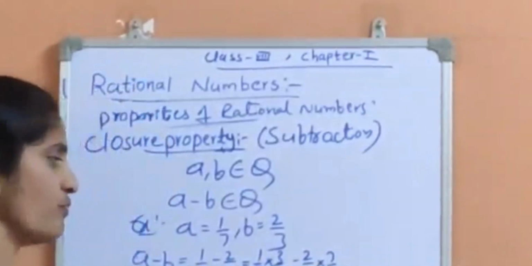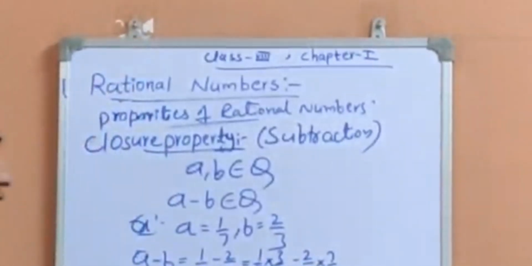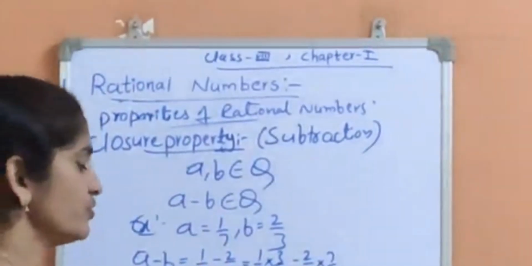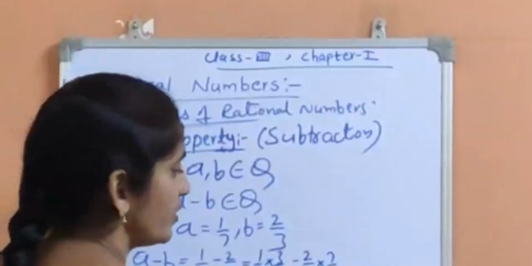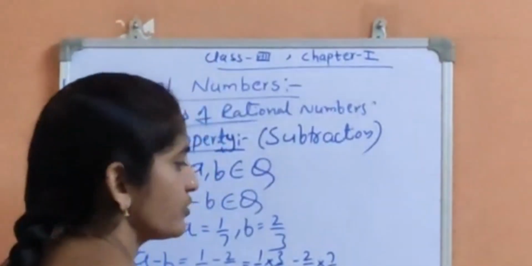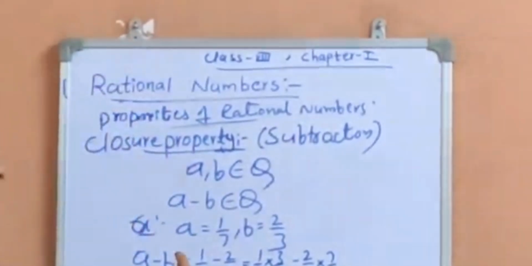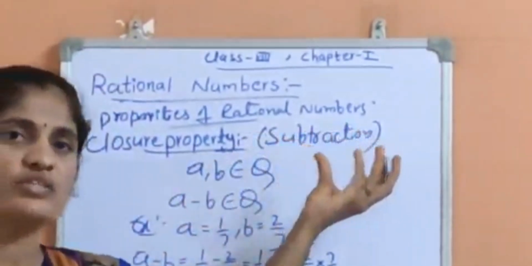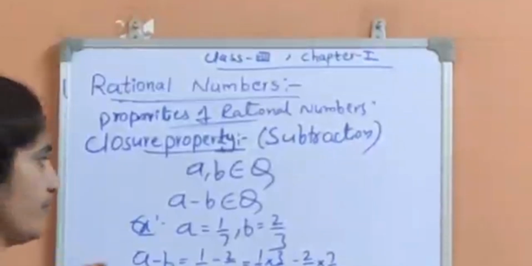So 3 minus 14 I can do directly, because the fractions are now like fractions. 3 minus 14 means minus 11 by 21. This fraction also belongs to Q. By this we can generalize that closure property under subtraction is possible in rational number system.